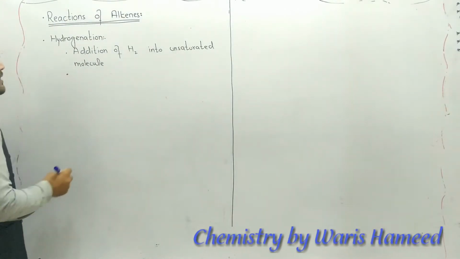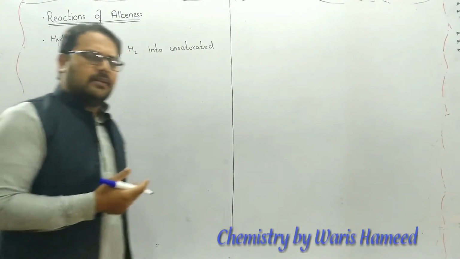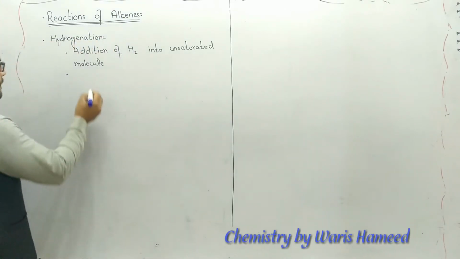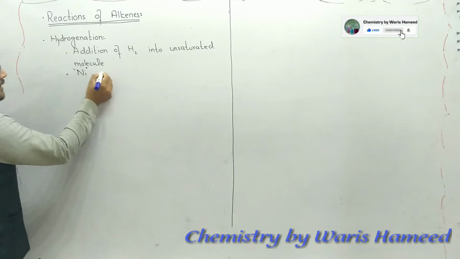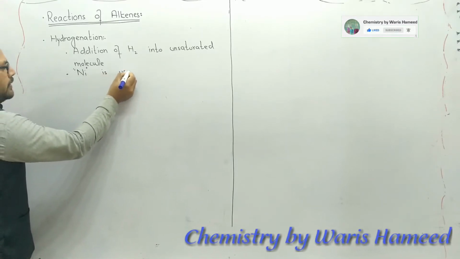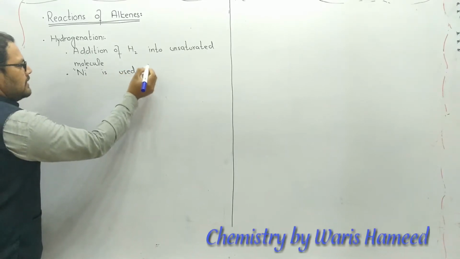In hydrogenation we mostly use nickel as a catalyst. Nickel metal is used as a catalyst.